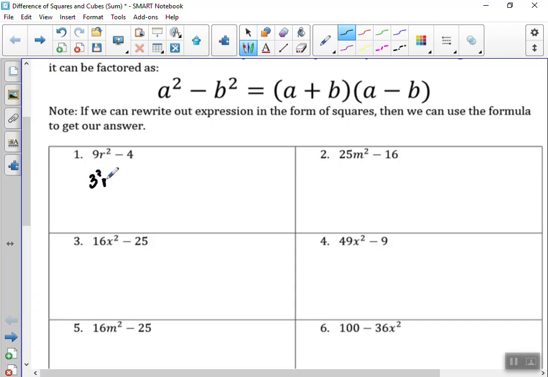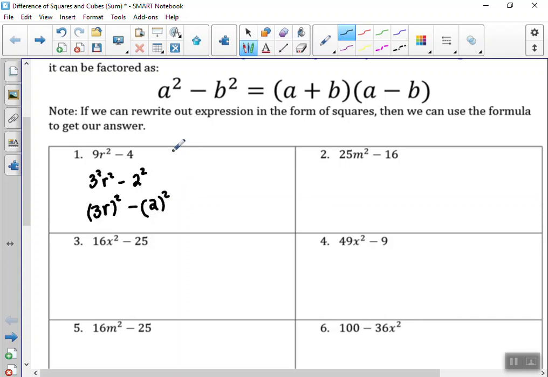And then you have your r squared minus, how can I write 4 as a square? 2 squared, okay? But here it looks like I only have r squared, correct? So I'm just going to rewrite this as (3r) squared minus 2 squared. I'm just going to put parentheses. You don't have to, but it's easier to see it this way.